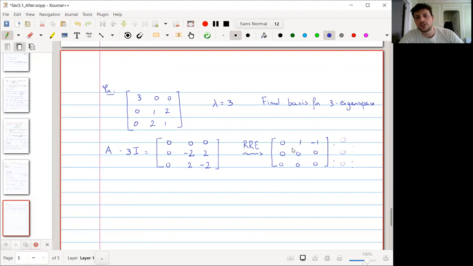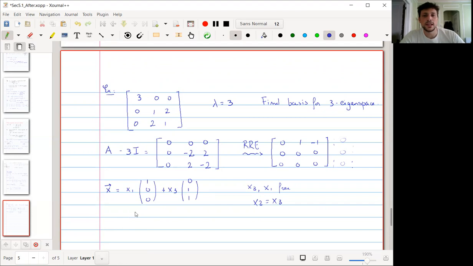There's only one pivot, which is just corresponding to the second column. So we have that x1 is free, and so is x3, and x2 is equal to x3. In other words, any solution to the homogeneous linear system looks like x1 times 1, 0, 0 plus x3 times 0, 1, 1.